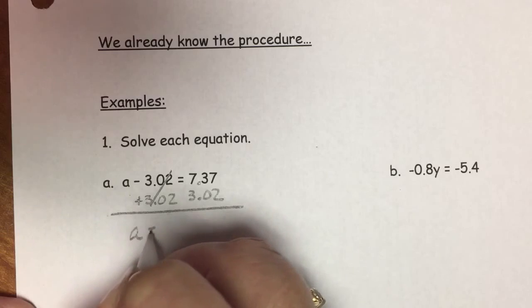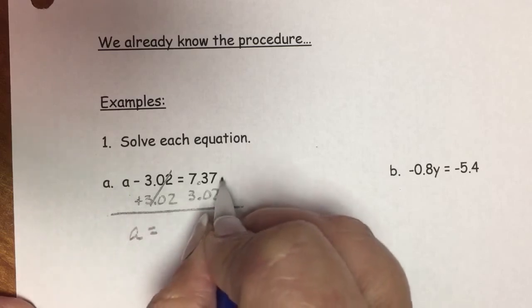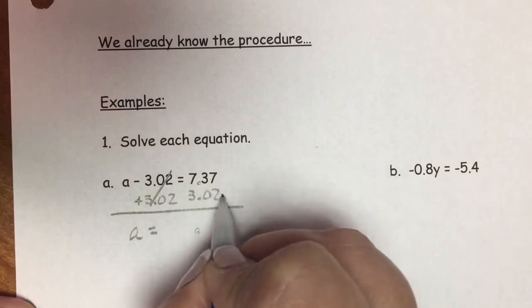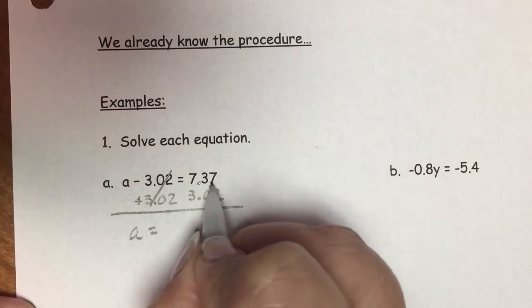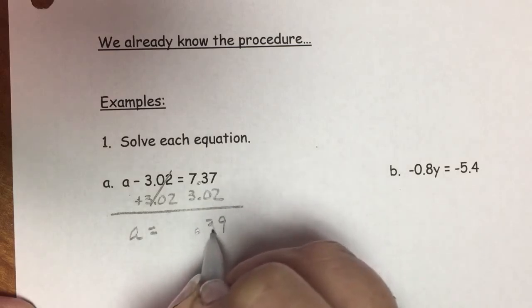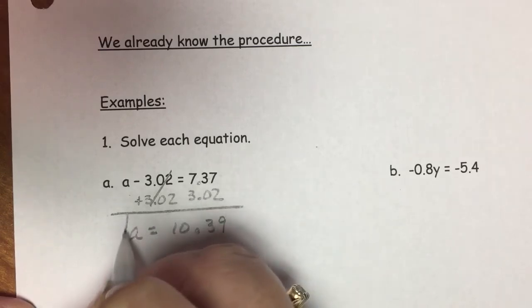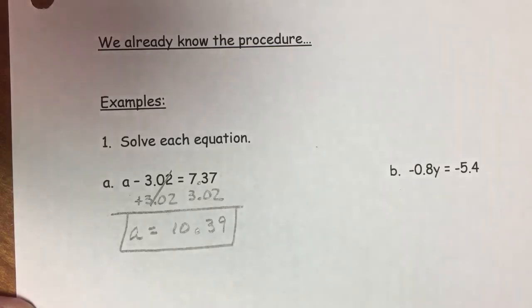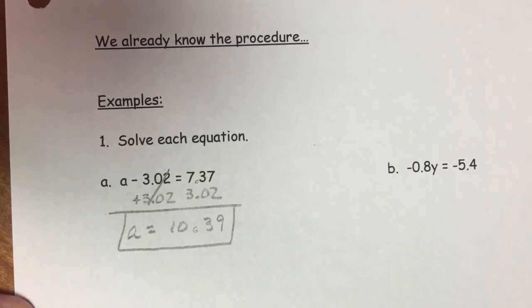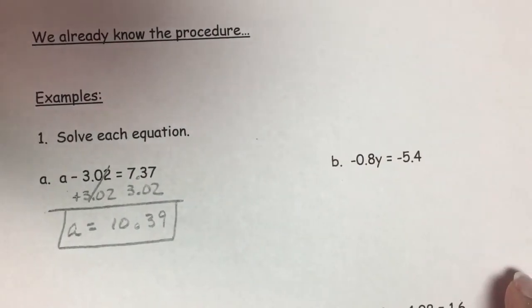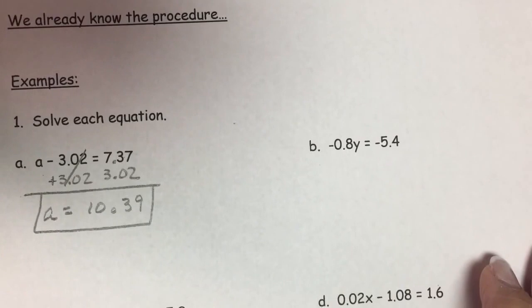And I'm going to get A is equal to, well, the decimal in the answer is going to come right below. 7 plus 2 is 9. 3 plus 0 is 3. And 7 plus 3 is 10. And your answer is A equals 10.39. So the procedures are exactly the same. We're just adding the fun of having the decimals here.